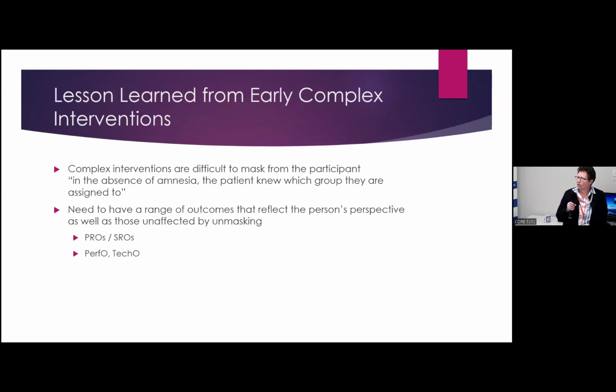So here's a few lessons learned from my early complex interventions. They're difficult to mask or impossible to mask from the participant. So in the absence of amnesia, the patient knew to which group they were assigned. You need to have a range of outcomes that reflect the person's perspective, as well as those unaffected by unmasking.